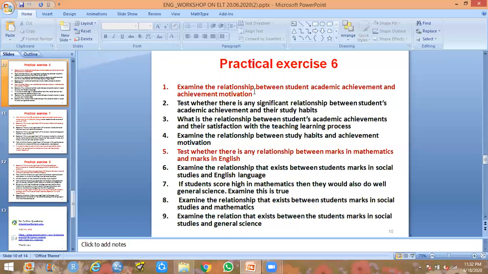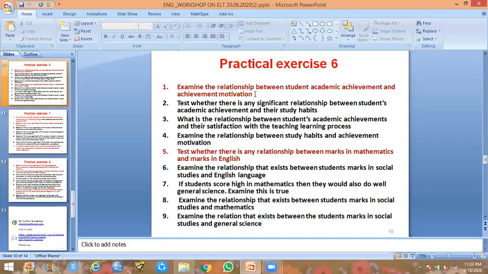In general, in order to test the relationship or an apparent connection between two measured or qualitative or categorical variables like academic achievement and achievement motivation, we can use a simple statistical tool, that is correlation analysis.